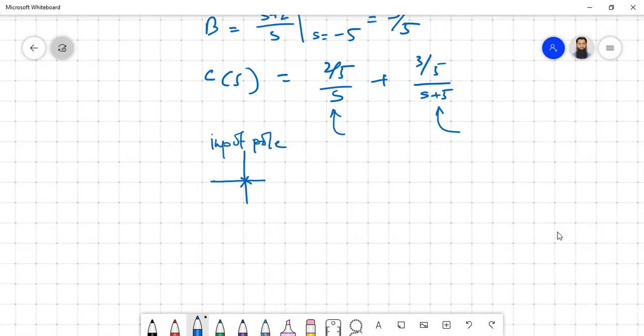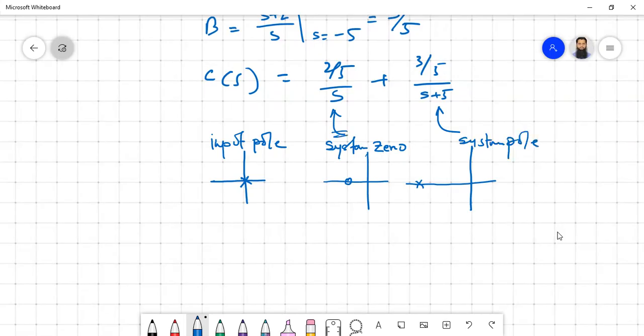Then your system has a zero at minus 2, so this is your system zero. And then we have a pole at minus 5, somewhere here, and this is your system pole.